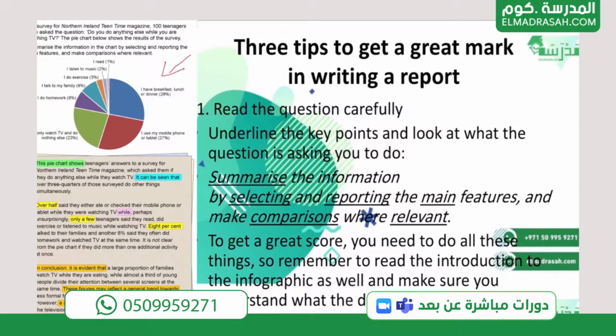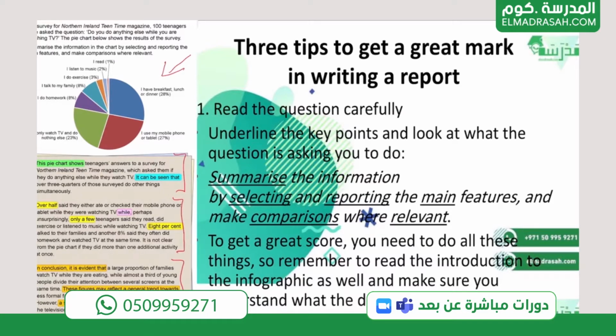Here we have a sample report on the left side of the page. First, we have the question or the topic that we're going to write about. Then we have the figure, which is a pie chart provided with some information, and finally we have the written report. It's obvious that the report is separated into three parts, which is very important.